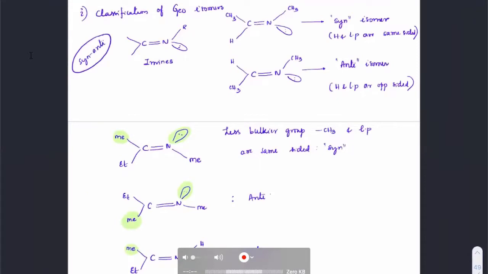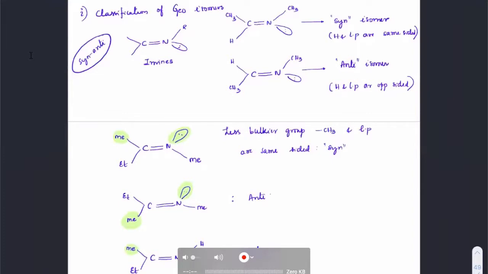That's just a way based on, see, to generalize that, we have a general form called E and Z, and that will complement this. That's why we are taking the less substituted group and the lone pair. See, the lone pair is like the least substitution, right, beta? Because there is nothing on it.